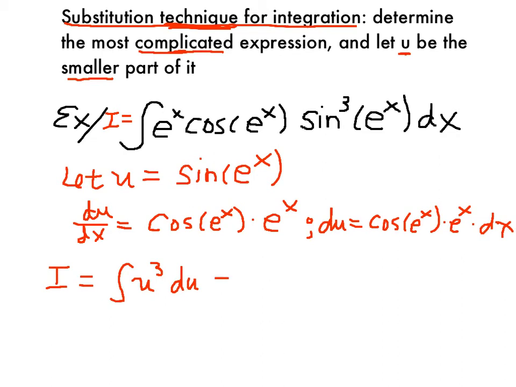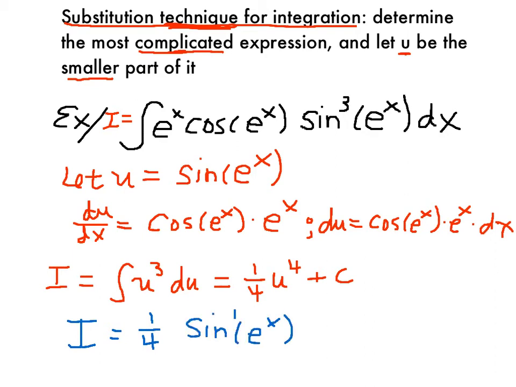And the integral of that is 1/4 u to the 4th plus a constant. And so what that tells us is our final result, the answer for this integral, is 1/4 sine of e to the x to the fourth plus a constant.